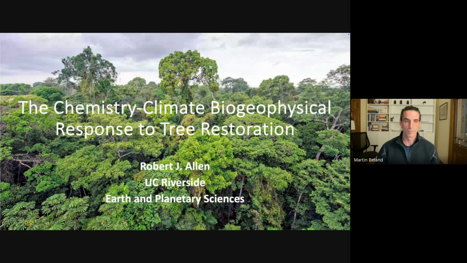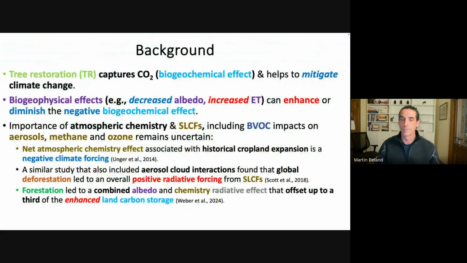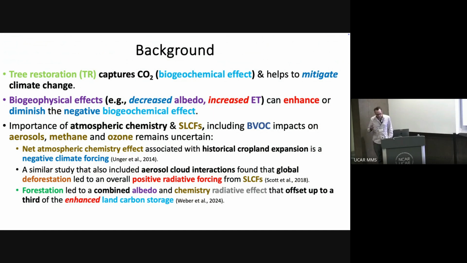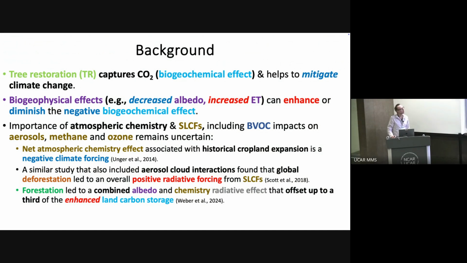All right, so I'm going to be talking about the chemistry, climate, and biogeophysical response to tree restoration. Just some quick background. Trees obviously sequester CO2. This is known as a biogeochemical effect, and it's thought that this would help mitigate climate change.